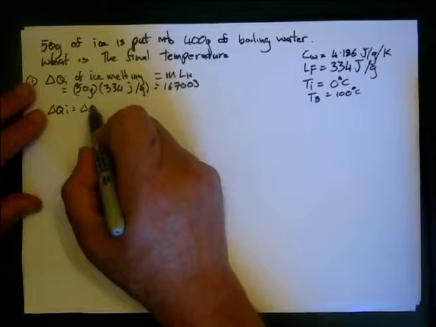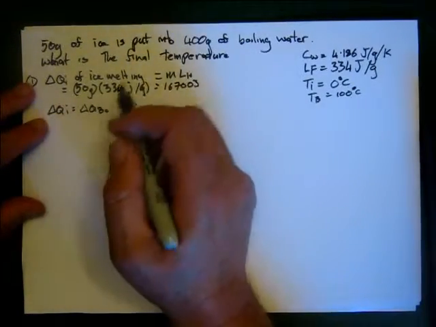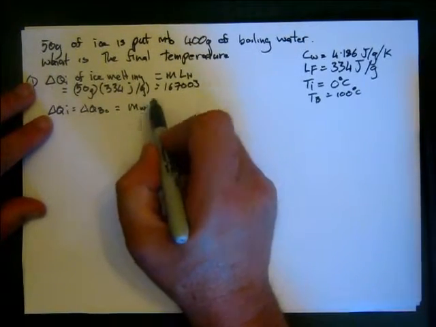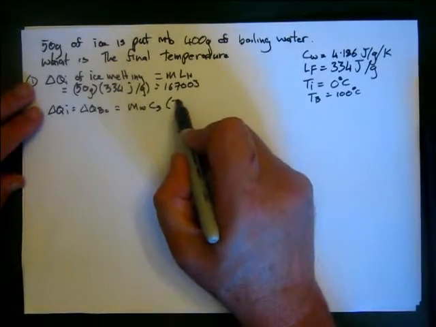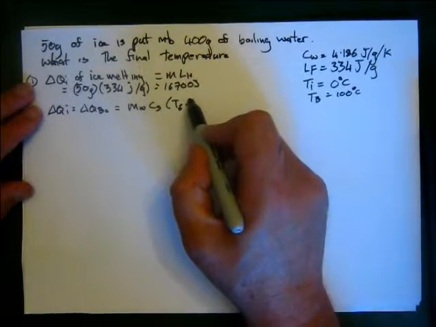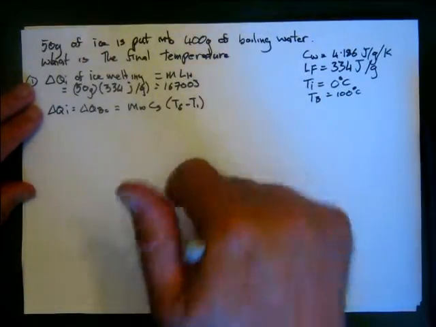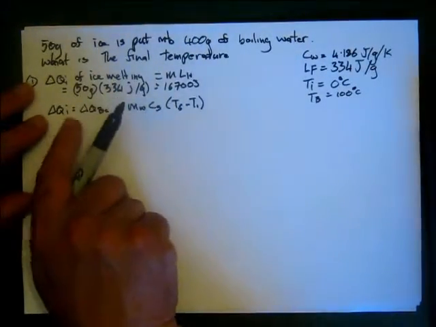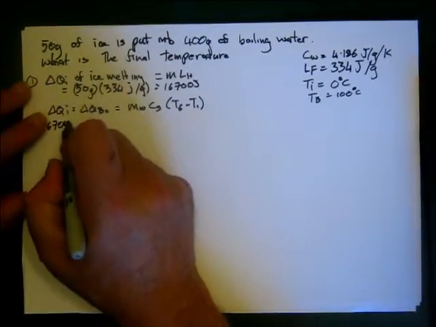That's equal to the mass of the water, times the specific heat of the water, times the change in temperature, T final minus T initial. Now I know the temperature initial for the boiling water is 100 degrees C. So we worked out that this is 16,700 joules.